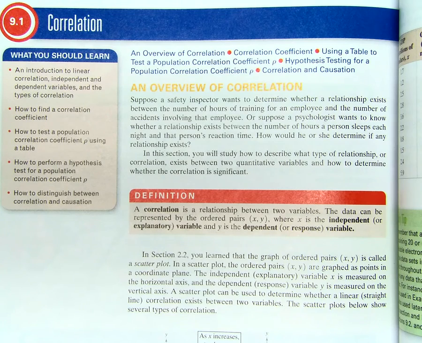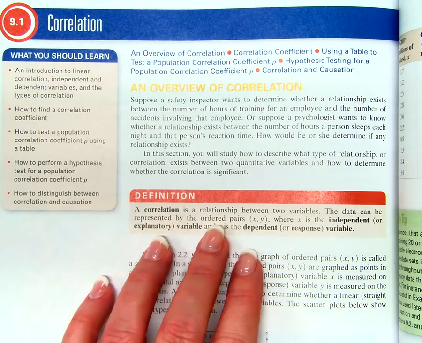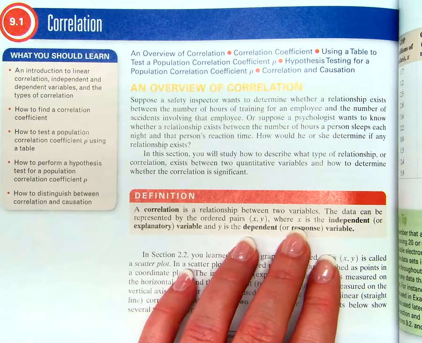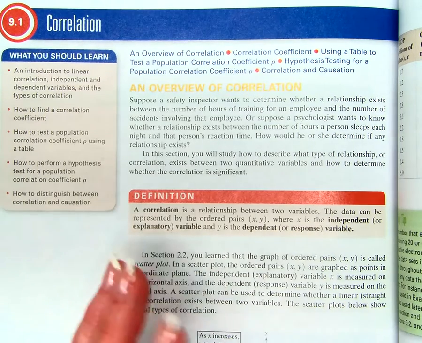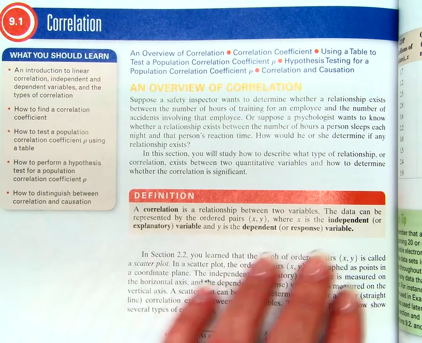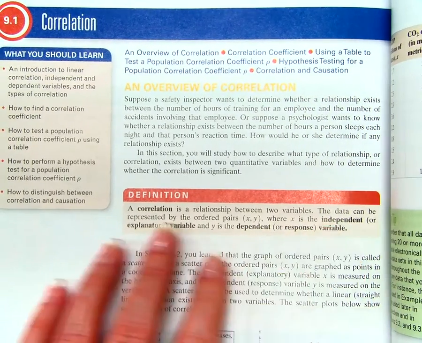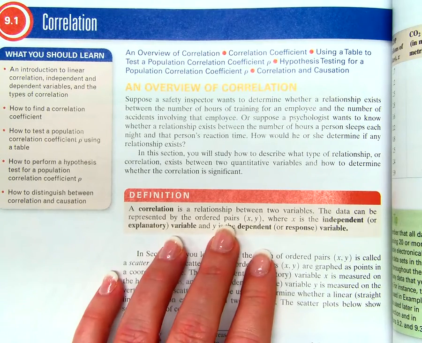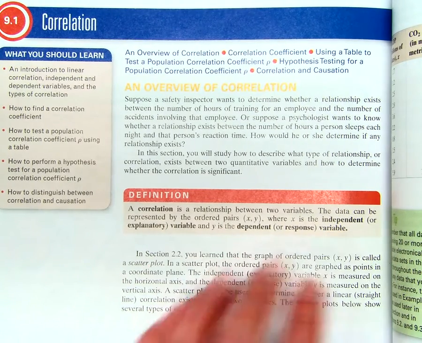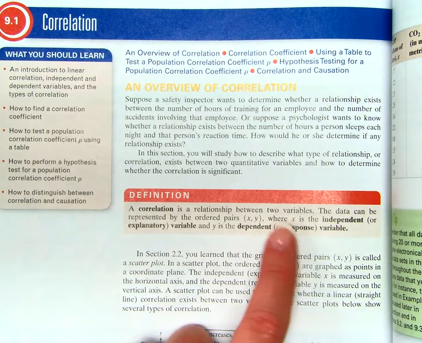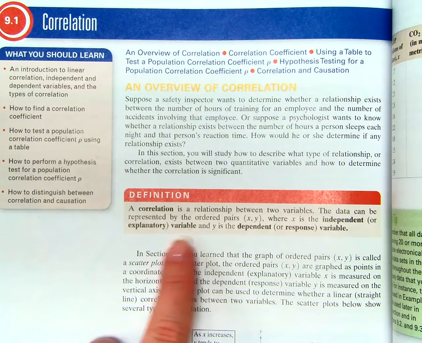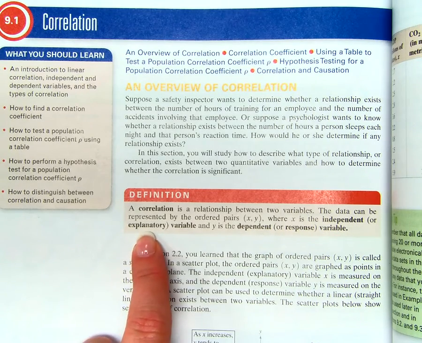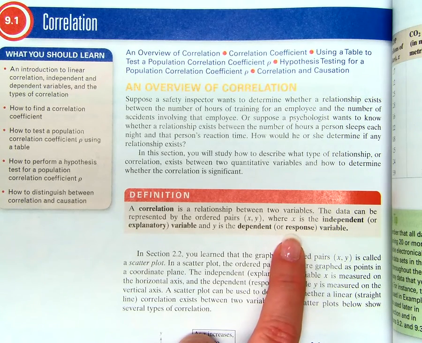First of all, a correlation is a relationship between two variables. Are two variables correlated? Do they have a relationship? This data can be represented by an ordered pair where x is the independent variable and y is the dependent variable. This book also calls the independent variable the explanatory variable and the dependent variable the response variable.